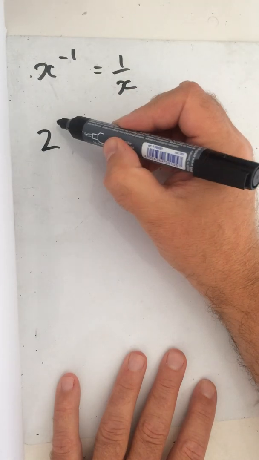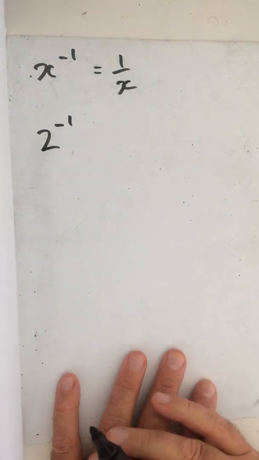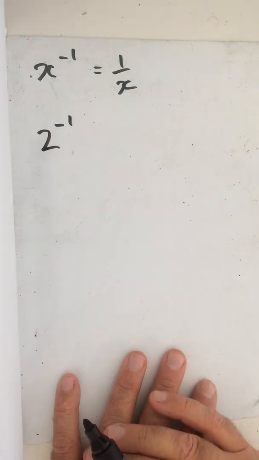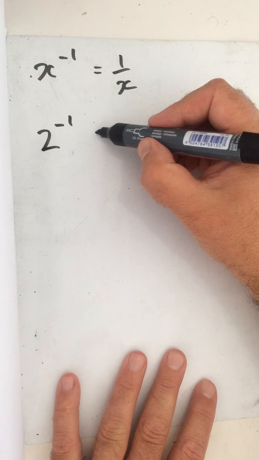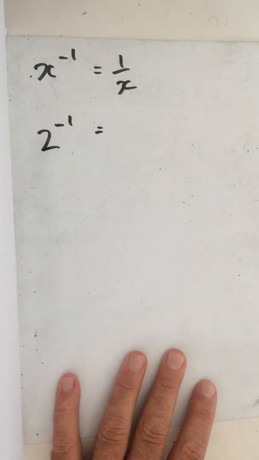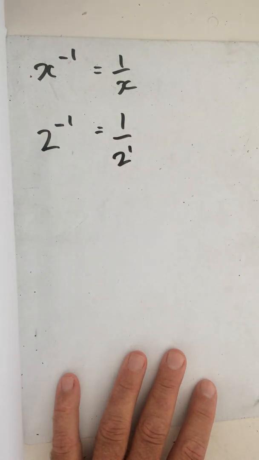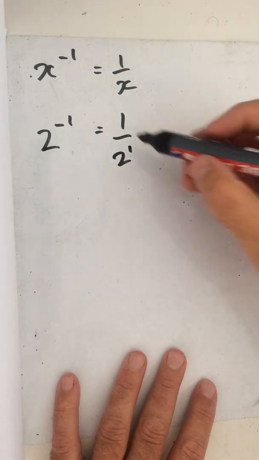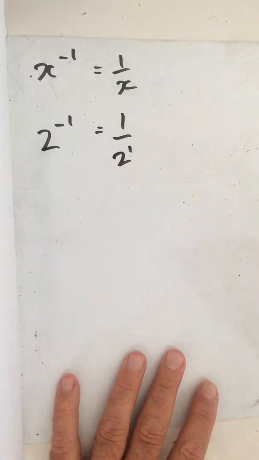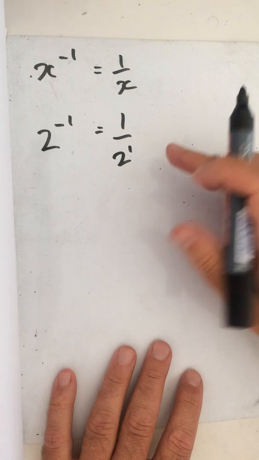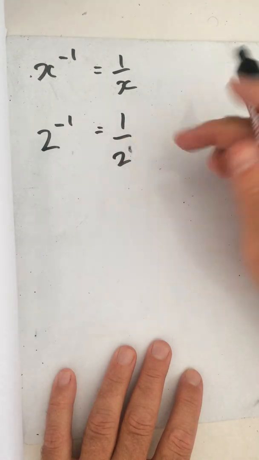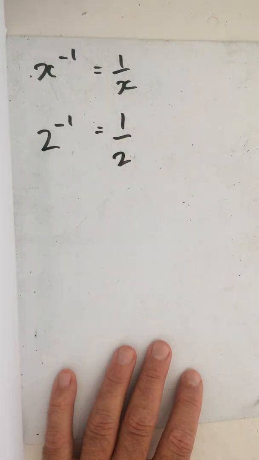If you've got 2 to the power of minus 1, again you do the same. You would put 1 there, and then you put 2 to the power of 1 underneath. 2 to the power of 1 is 2, isn't it? So your answer would be that.